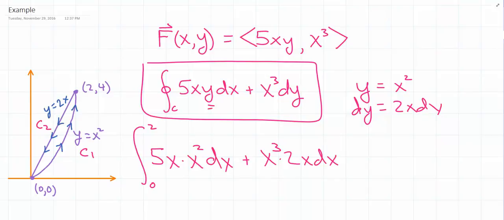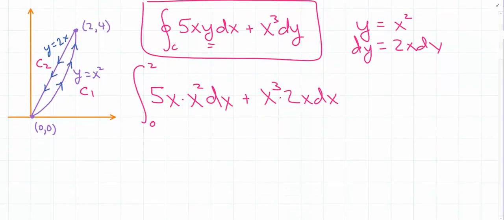Now, I'm going to do this, and then I'll do the other one and put them together, because this is only part of the answer. So let's see what we get. This is a very simple integral, 0 to 2, of 5x cubed plus 2x to the 4th.